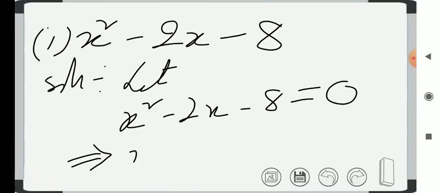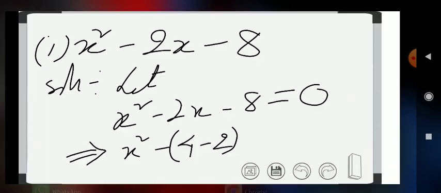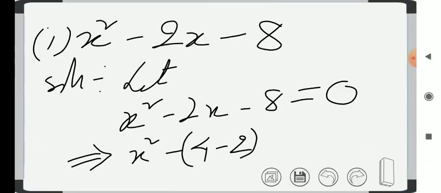So x square minus, already I told you 4 into 2 is 8, so we don't have to multiply them here, because here we are going to split the middle term. We just keep that in our mind.